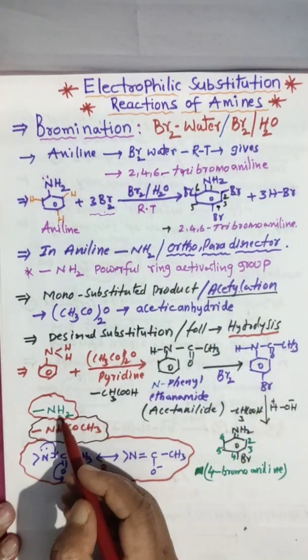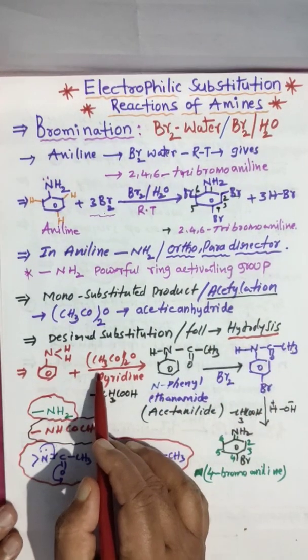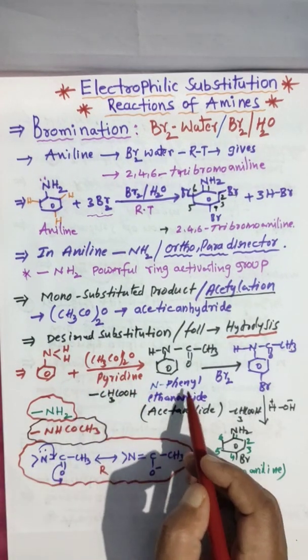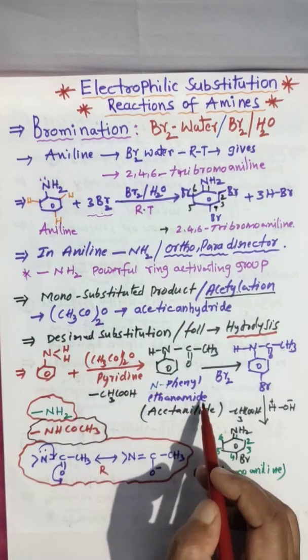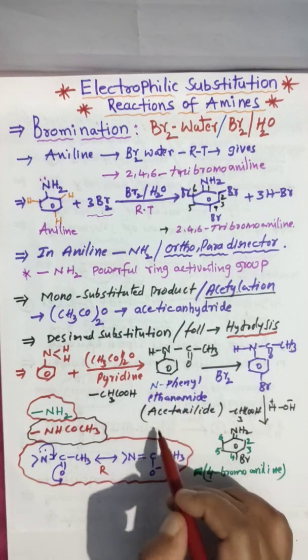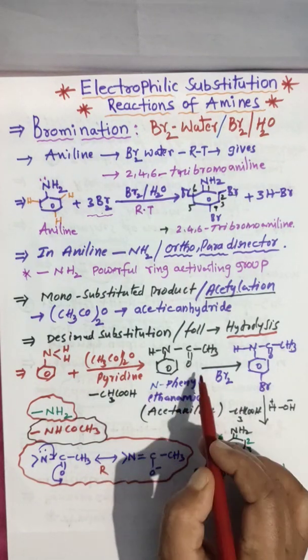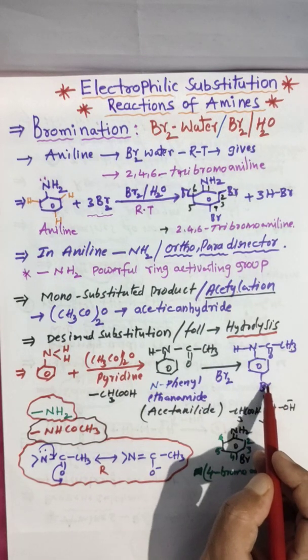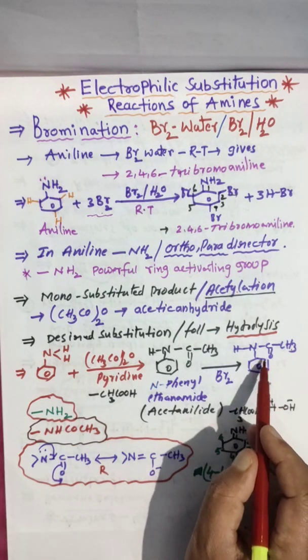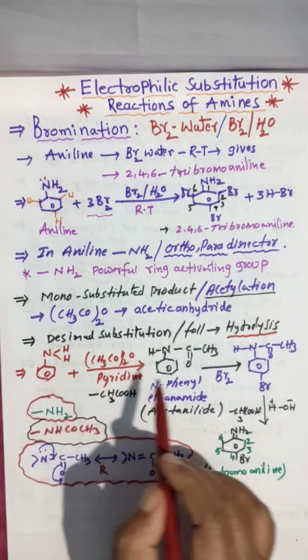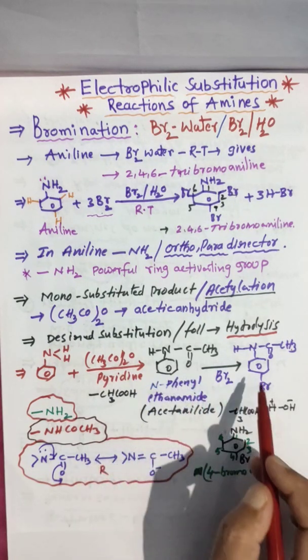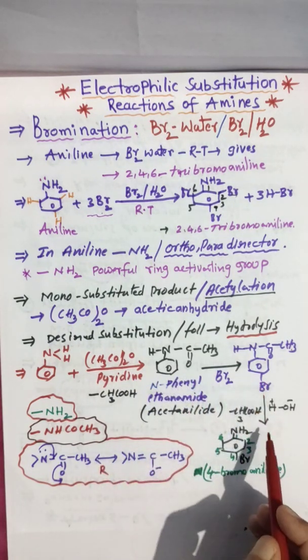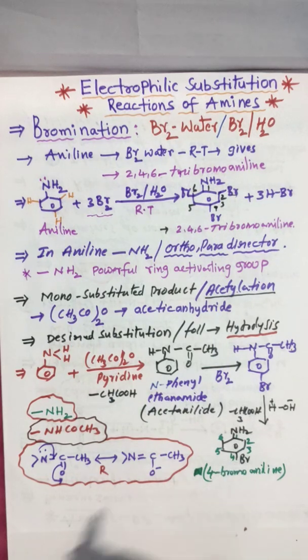First we substitute with acetic anhydride, you are getting N-phenyl acetamide, an amide, that is acetanilide. This amide is subjected to bromination, and you are getting a bromine substituted amide, means amine converted to amide, and this amide is subjected to hydrolysis again, you are getting amine again.